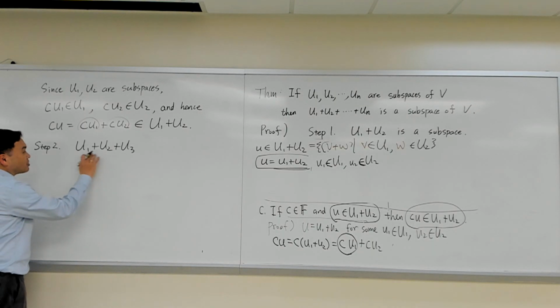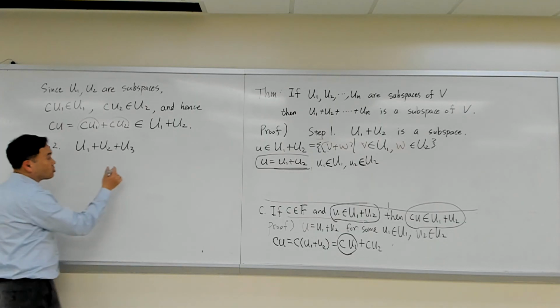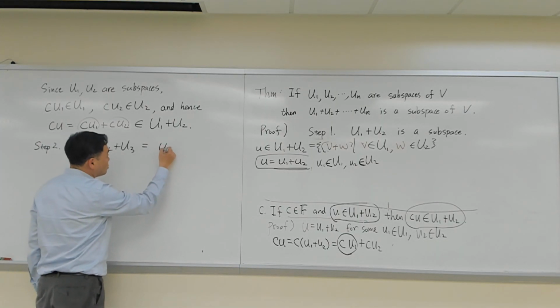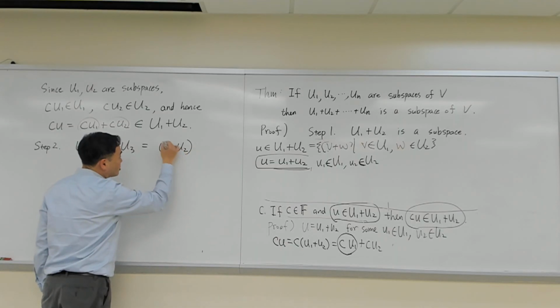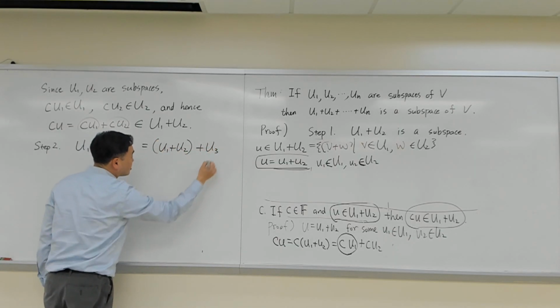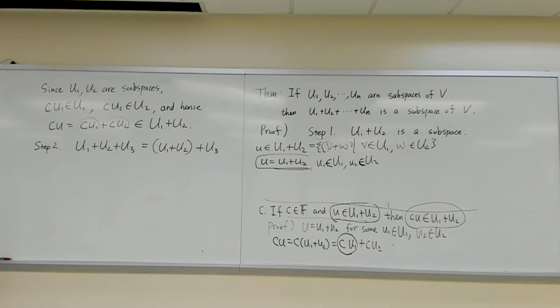Well, we know that this is a subspace, right? So we can show that this is the same as U1 plus U2 plus U3. Let's see why that's true. What are the elements in here? Can you write down the elements in this set?